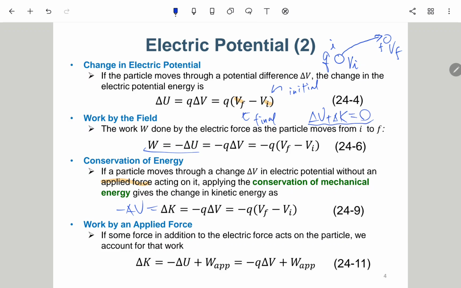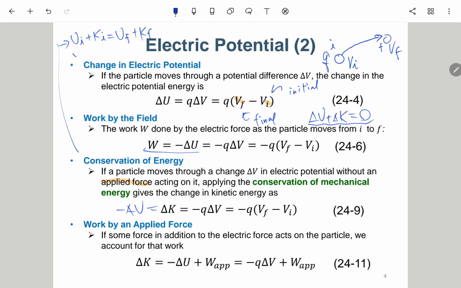So for a system, the starting potential plus the kinetic energy equals the final potential plus the kinetic energy. Or in the other way, you can also write it as UI plus KI equals UF plus KF.